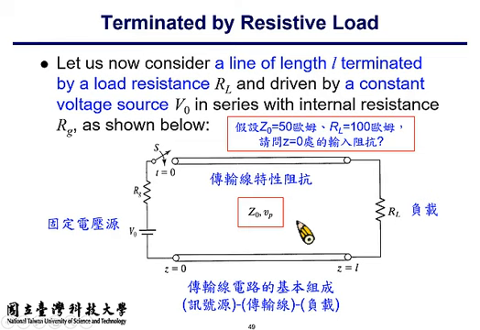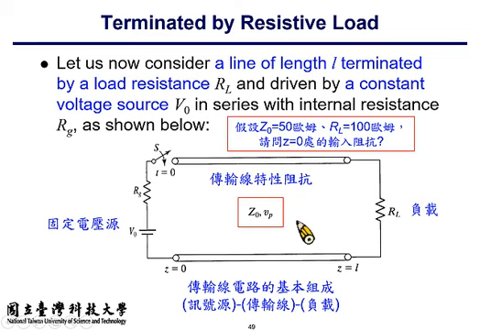The left-hand side is the generator side, which contains the signal source. In this case, which is a simpler condition, we have a constant voltage source. However, in general, this can be an alternating voltage source or alternating current source, which means the voltage and currents provided by the source can be AC.